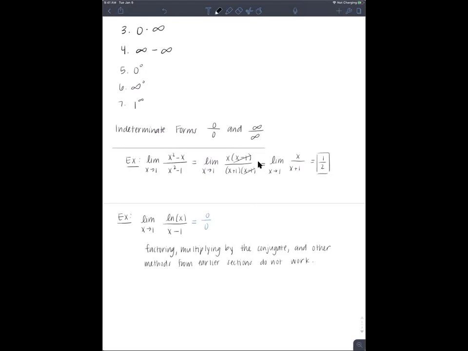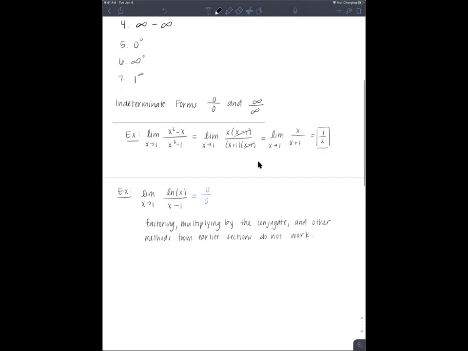So let me show you what L'Hopital's rule is then. Some people, like I think on your homework, it's spelled La Hospital, but it's always pronounced L'Hopital.